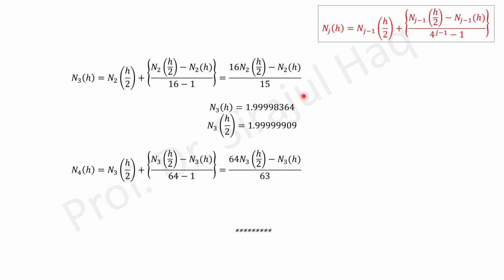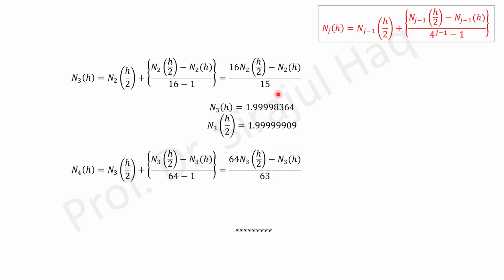Now let's come to the last value. This will be N3 of h divided by 2, which is there, and N3 of h, which is there. So just substitute the values, and the value of j is equal to 4. 4 minus 1 is 3. 4 raised to the power 3 is 64 minus 1 is 63. And if you take the LCM, so this will be 63 plus 1 is 64 times N3 of h divided by 2 minus N3 of h.